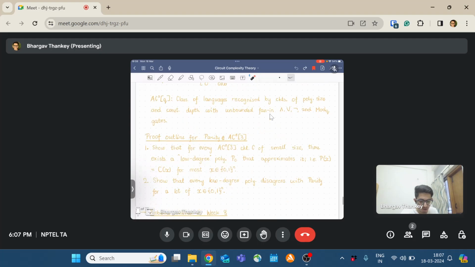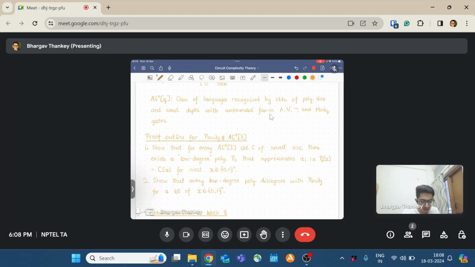To show this, we showed that for every AC0[3] circuit C of small size, there exists a low degree polynomial PC that approximates it, that is, PC of x equals C of x for most x in 0,1 to the n.